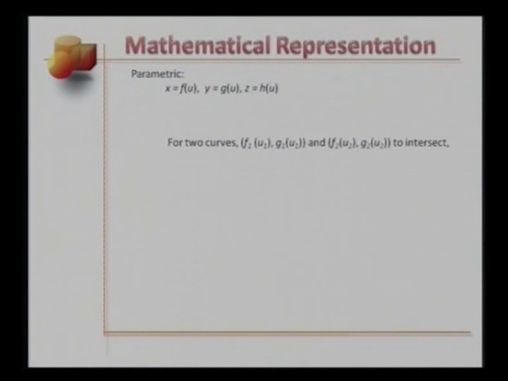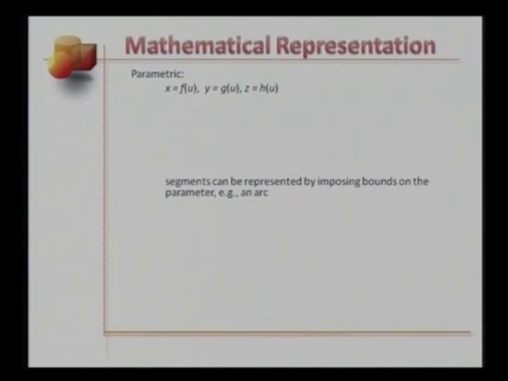If we need to compute the intersection between these two curves, all we need to do is say that the corresponding x's are equal and the corresponding y's are equal. In other words, f1 of u1 equals f2 of u2, and g1 of u1 equals g2 of u2. Two conditions will give us values for u1 and u2.